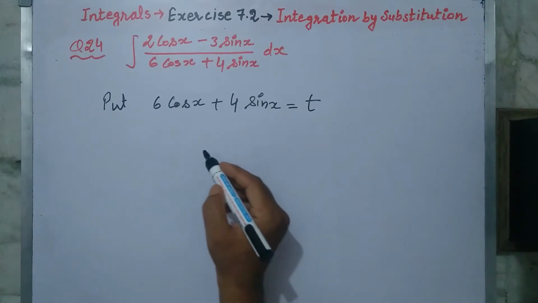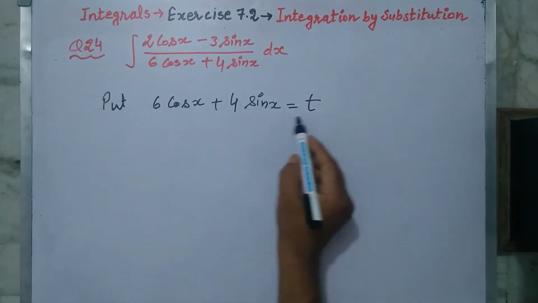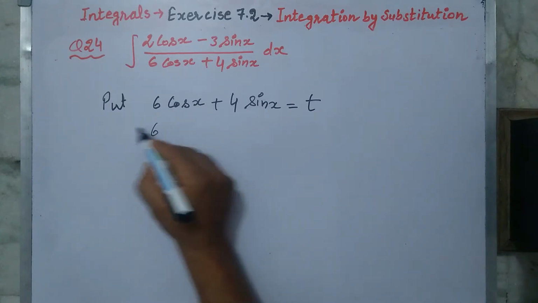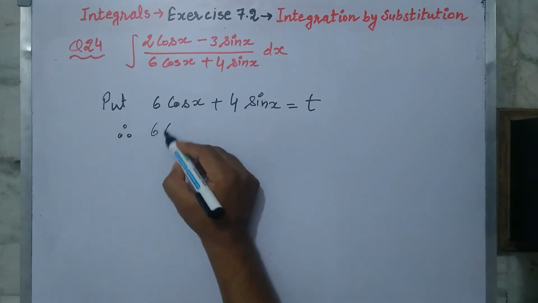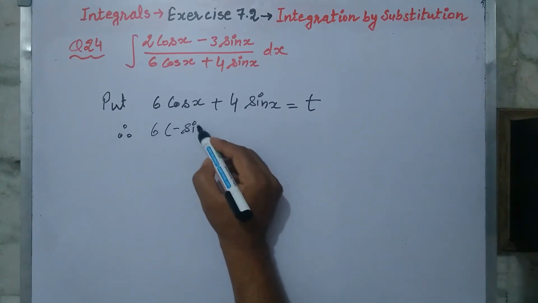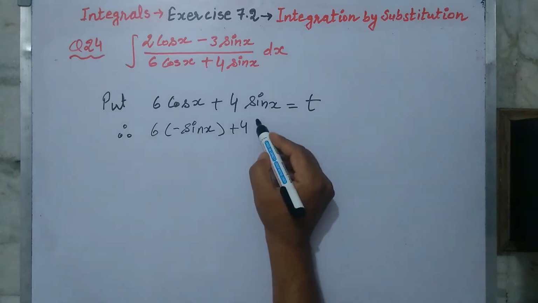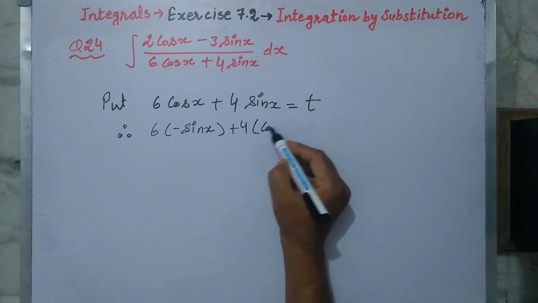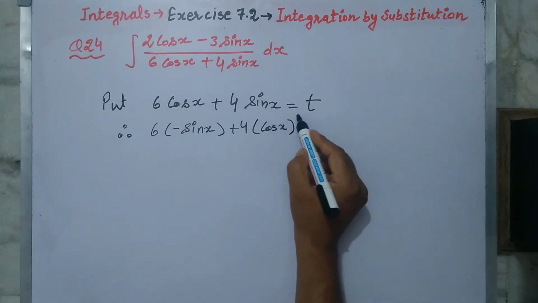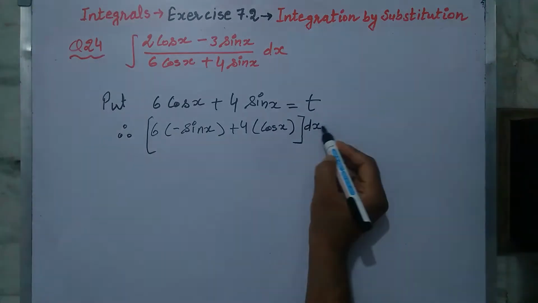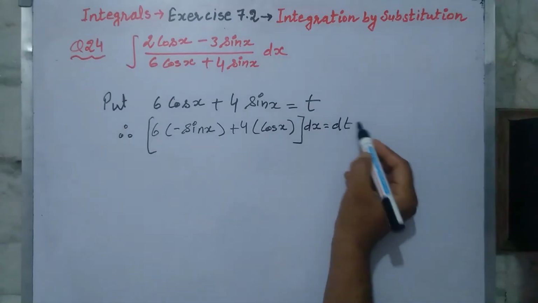So what is the next step? We differentiate both sides. So we have now 6 into minus sin x plus 4 into the derivative of sin x, which is cos of x, dx is equal to dt.